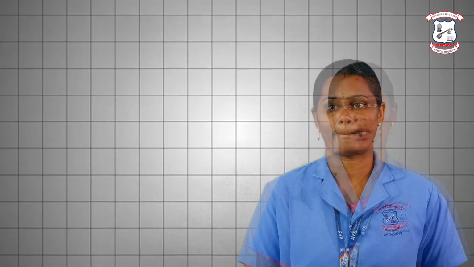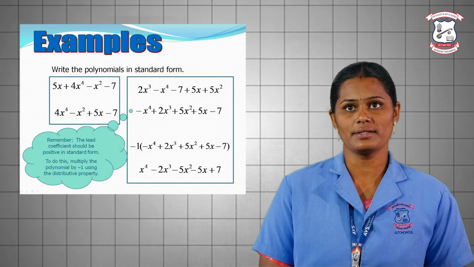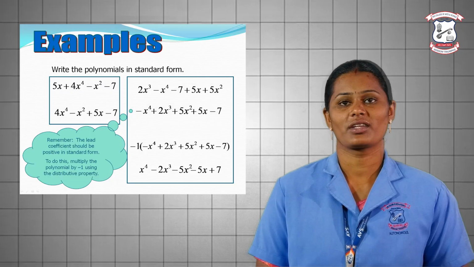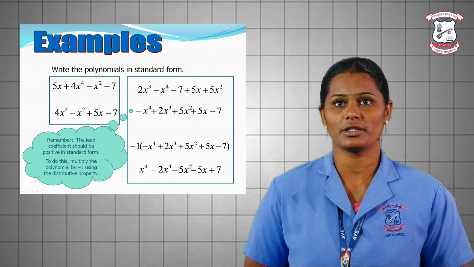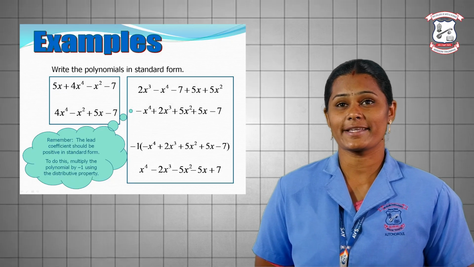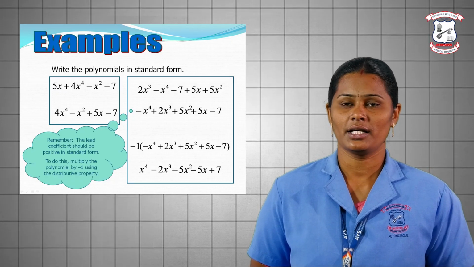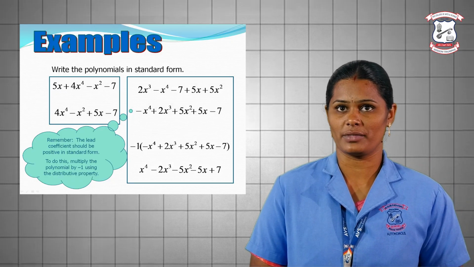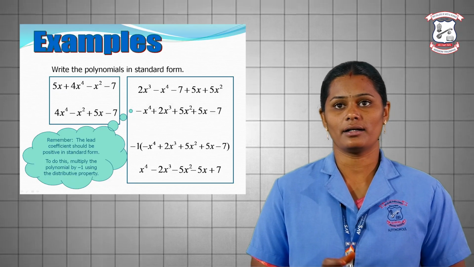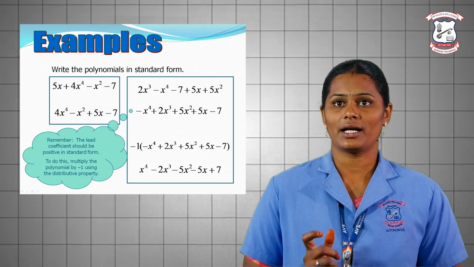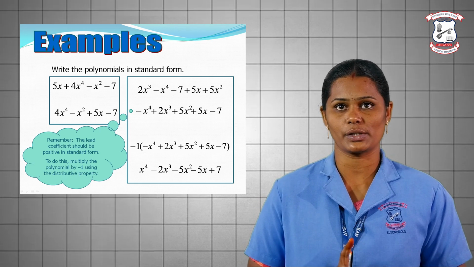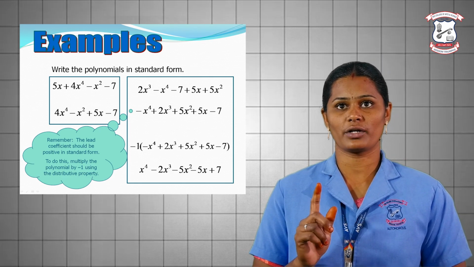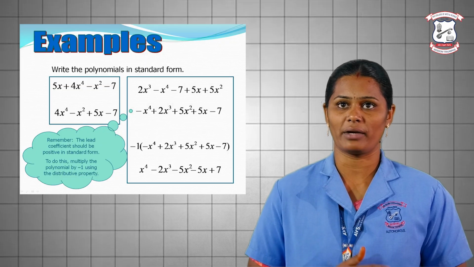Okay, see the examples of polynomials. See the first example, 5x plus 4x power 4 minus x square minus 7.